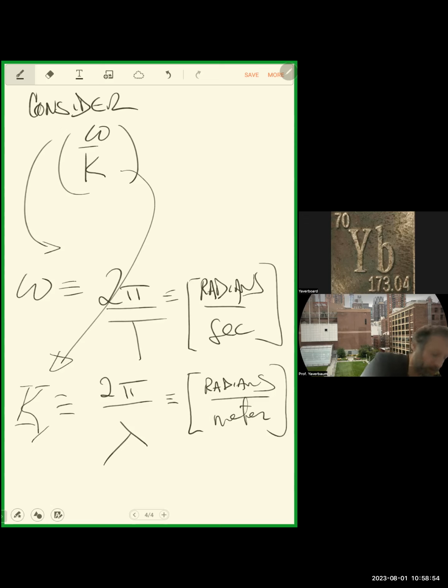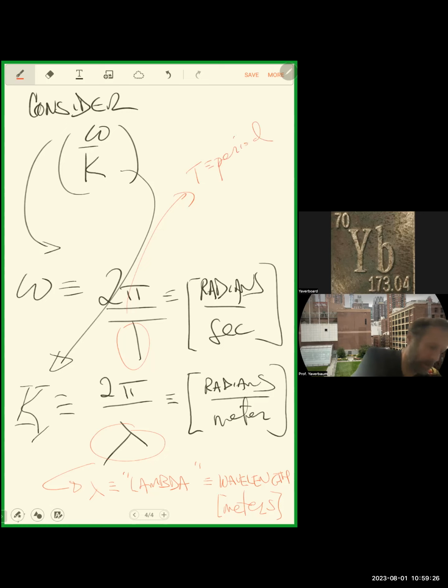And I'll say again what I just said on the other page, but didn't write clearly: lambda stands for what we now call wavelength. It is the full interval of space for one cycle. It is measured in meters, just like capital T is the full duration of one cycle, measured in seconds, right?